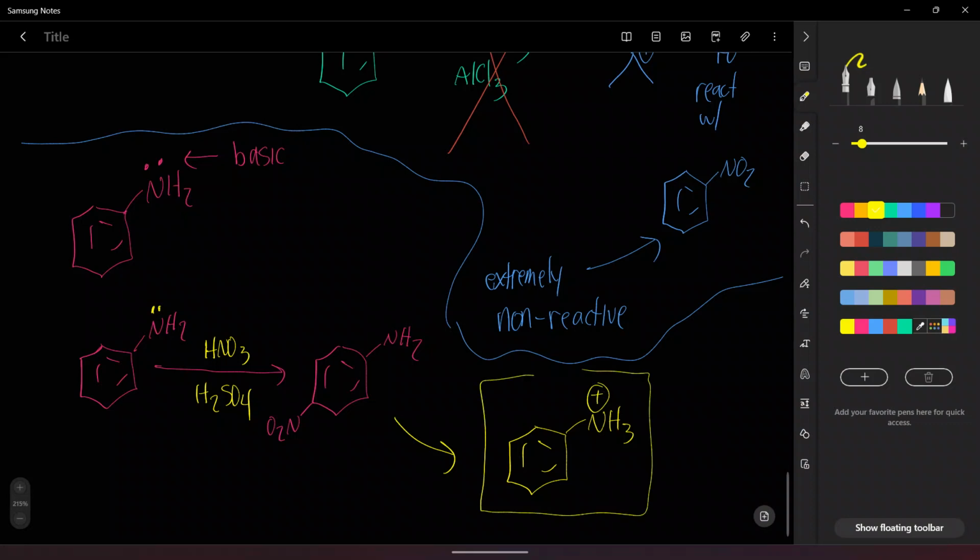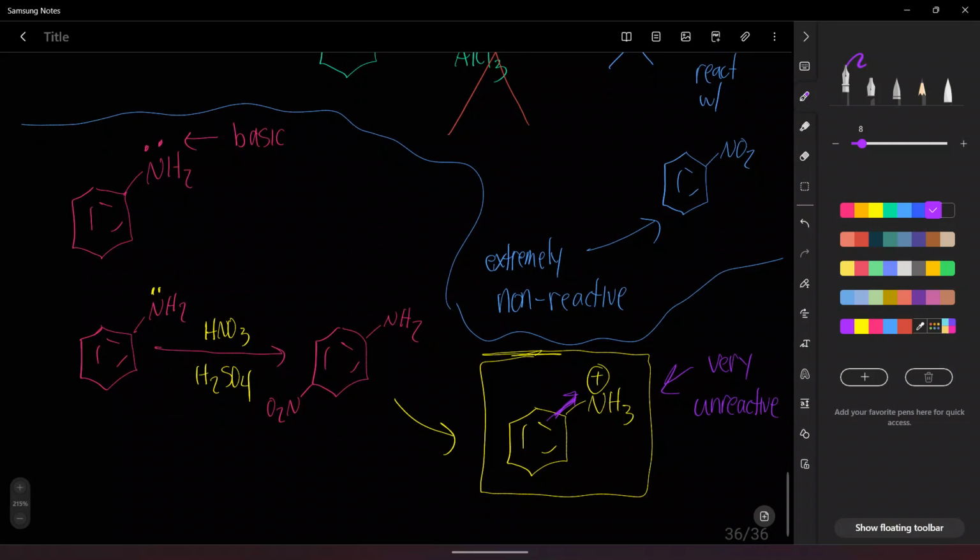That is going to be extremely unreactive, because now this is actually an electron withdrawing group, since it's a positively charged nitrogen. It's going to act like a vacuum and siphon all of those electrons out. So this is now very unreactive, and you cannot do this either. Hopefully that makes sense.